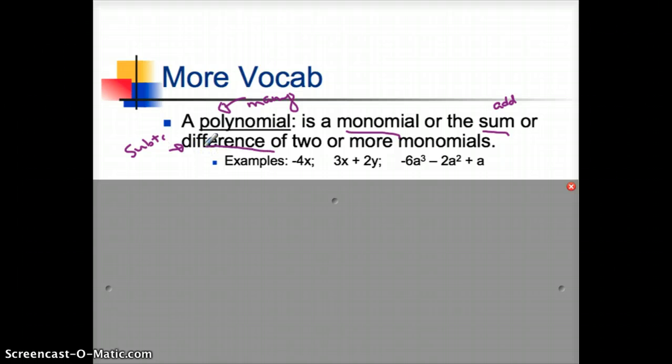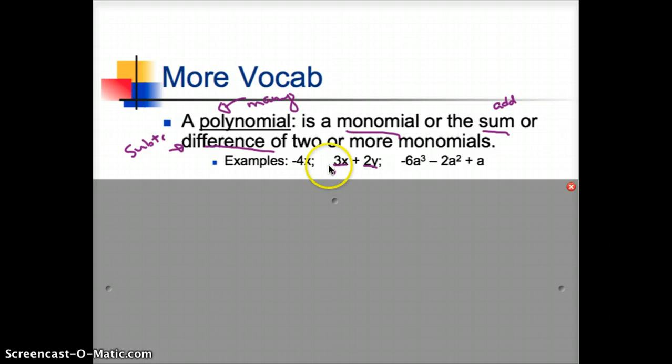So here are some examples. Negative 4x, that's just a monomial, but we call all monomials polynomials too. Confusing for some people. 3x plus 2y, that is the sum of 2 monomials. 3x and 2y are both monomials. We're adding those. Since there are 2 of them, we usually call that a binomial.